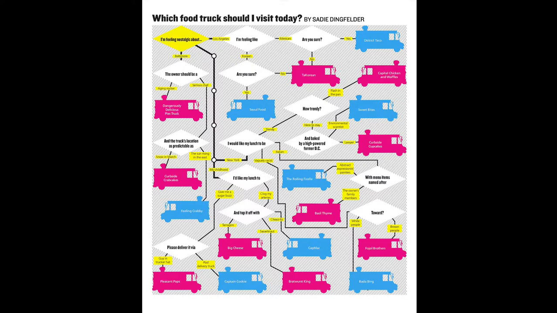Now, a more complex drawn infographic would be something like this. This is also my work from my time when I was creative director of City Paper. And this is a decision tree, and this brings us to one of the big differences for infographics and what most editorial designers would do.